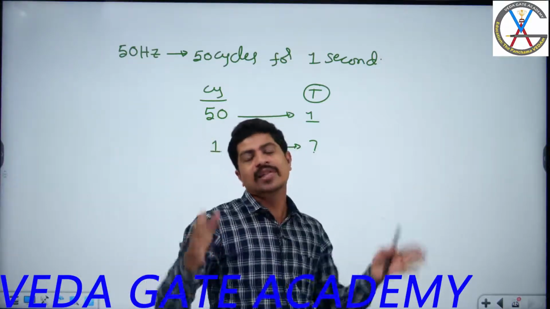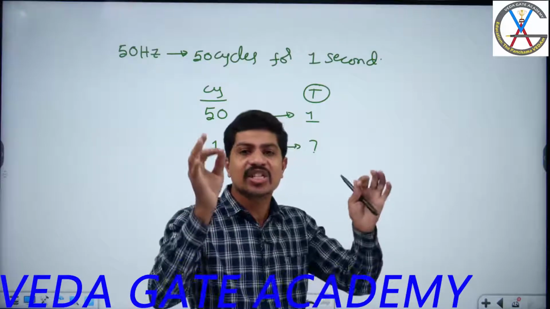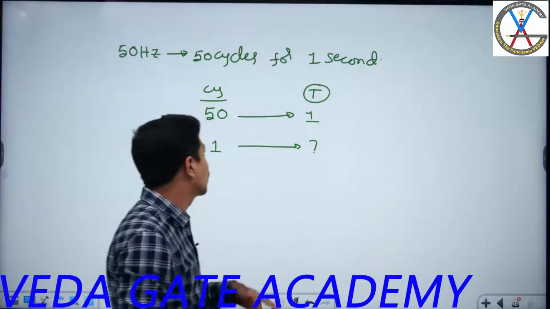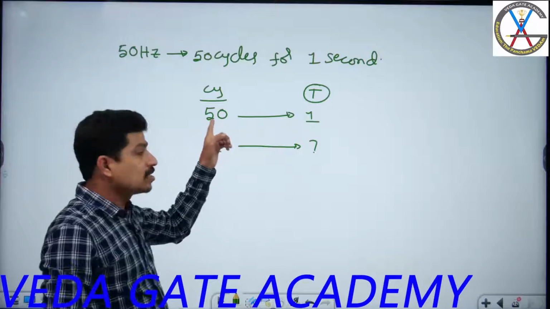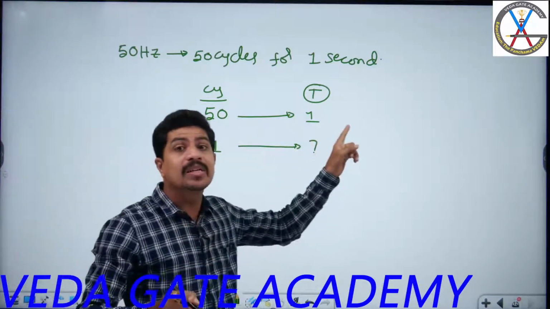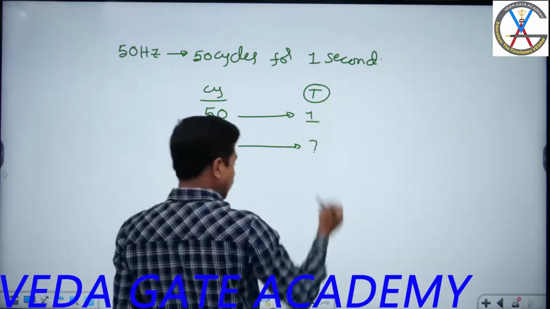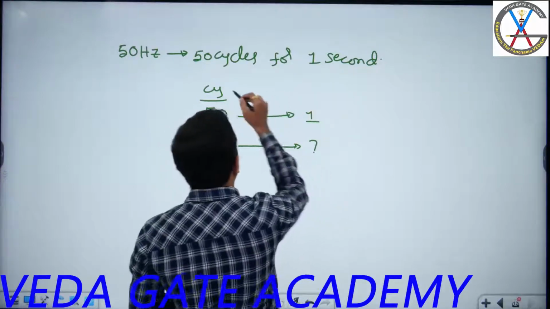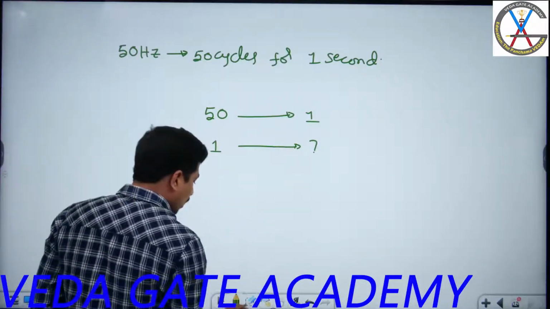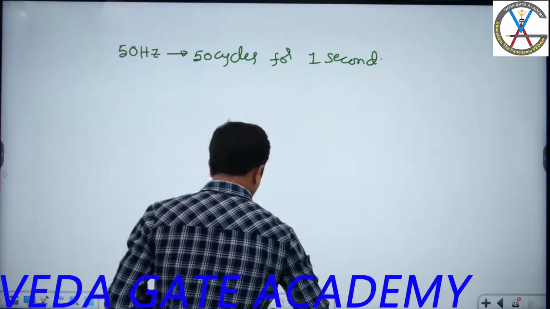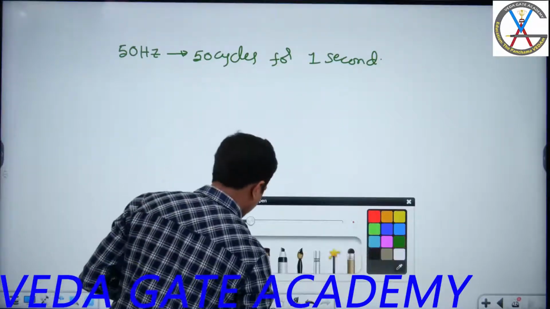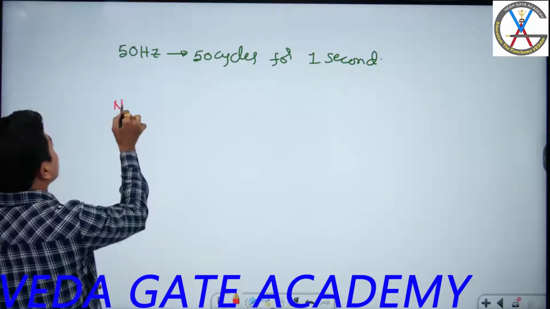For completion of 50 cycles, the time taken is 1 second. Let me write clearly, in the form of a table. Here, number of cycles.